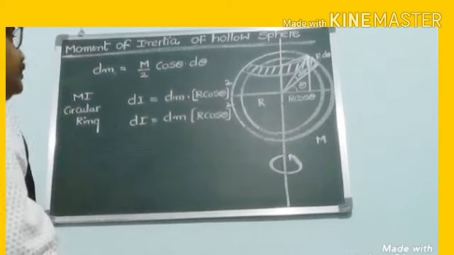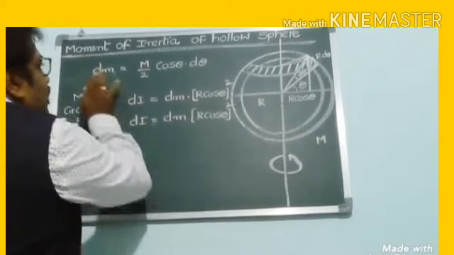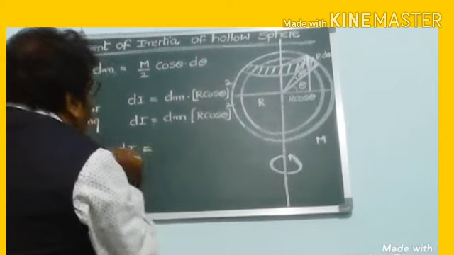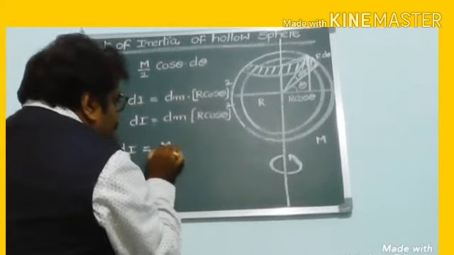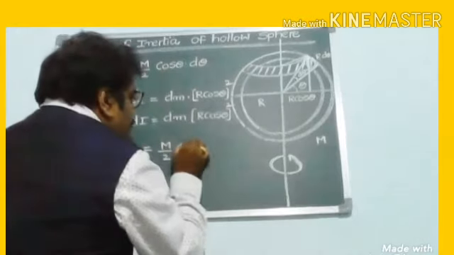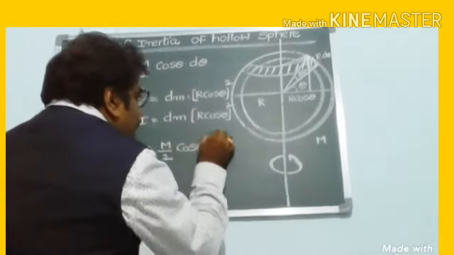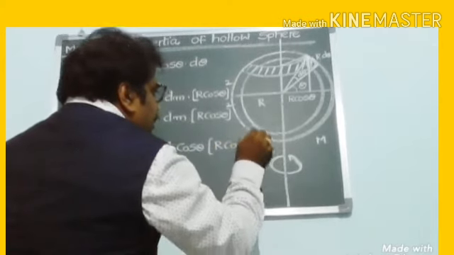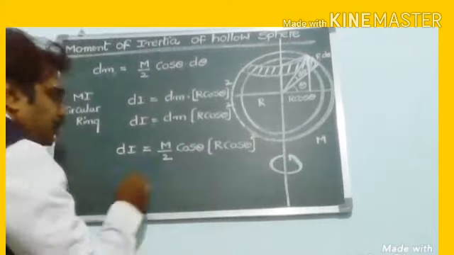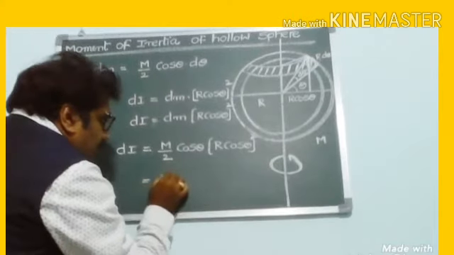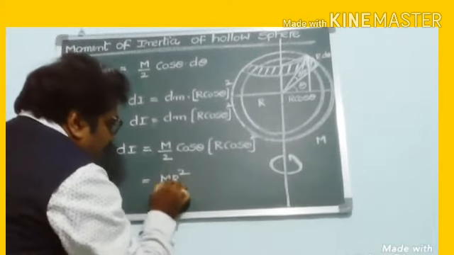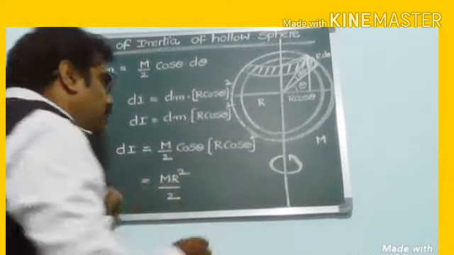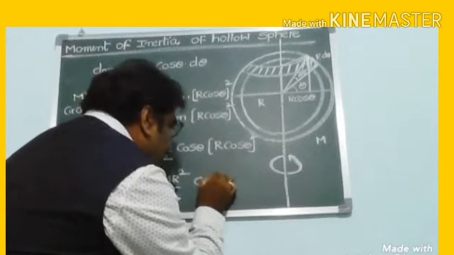Now substitute the value of dm: dI equal to m by 2 into cos theta into r square cos square theta. By multiplication you will get mr square by 2 cos cube theta.